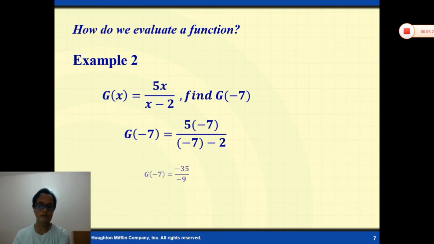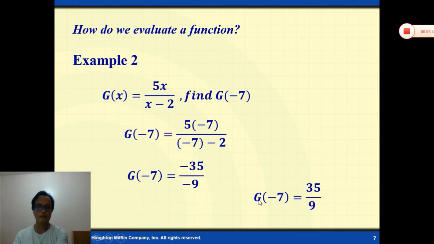Then we simplify. 5 times negative 7 is negative 35, and negative 7 minus 2 is negative 9. Since both the numerator and denominator are negative, our final answer becomes g of negative 7 is equal to positive 35 over 9.